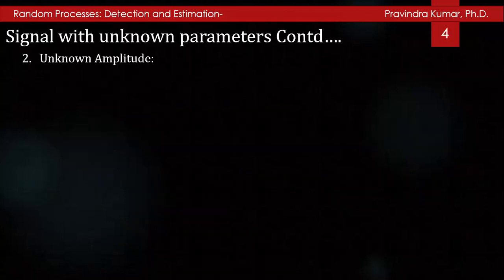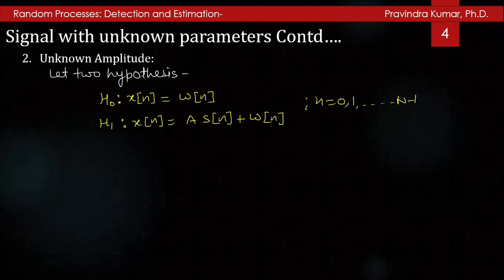Unknown amplitude. Let the deterministic signal s[n] have an unknown parameter, the amplitude A, and consider the two hypotheses. Under hypothesis H0, the observed sample x[n] equals w[n], meaning there is no signal, only noise is present. Under hypothesis H1, x[n] equals A s[n] plus w[n].